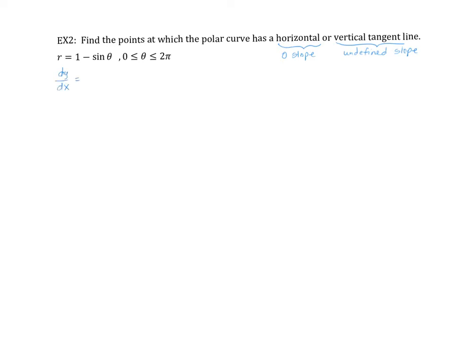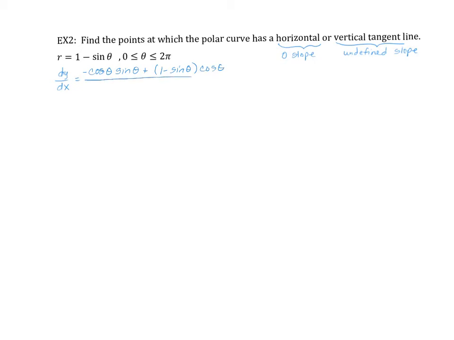So it's going to be the derivative of r, which is going to be negative cosine theta times sine theta plus, function stays the same, 1 minus sine theta times cosine of theta.